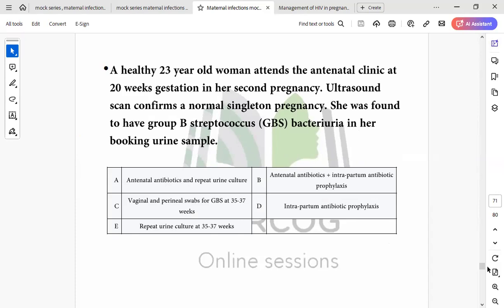It's tricky because it's talking about PPROM, and usually when you see GBS with PPROM, you forget everything about PPROM and focus only on GBS. But it's not tricky. Here, for example, we have a lady at 20 weeks who is found to have GBS bacteriuria.